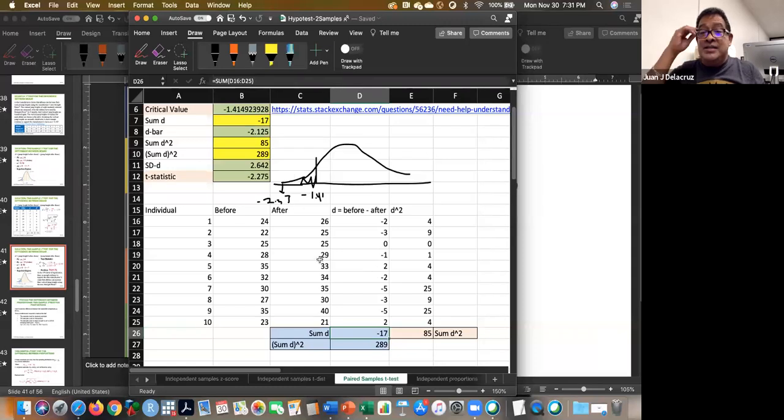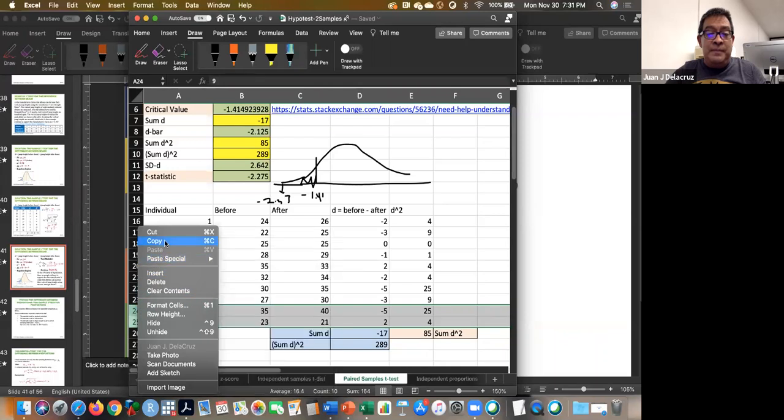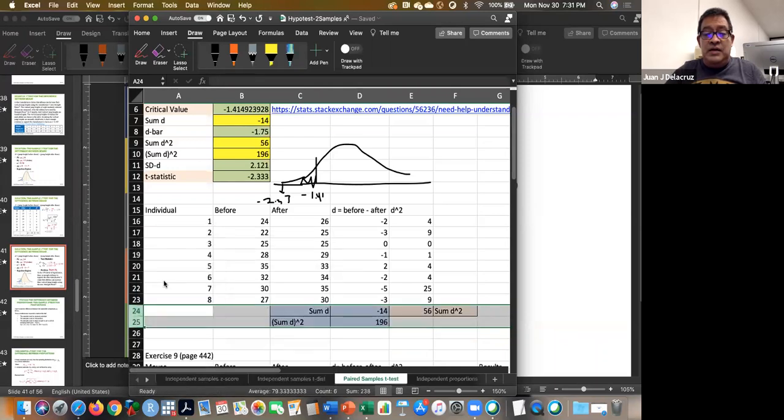My point is, you can modify this. Let's say you have 10 individuals. Of course, you have to type them again, but these formulas are meant to help you find the values. In this case, we can use only the 8 athletes that we were using, or we can add 2 more rows and add more data.